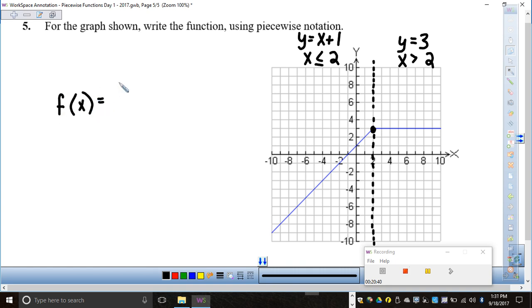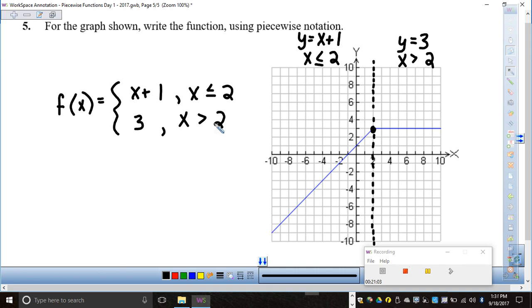So we have f of x equals, we're going to do our brackets here, and we're just going to write x plus 1. We don't need to write the y equals part, so just x plus 1. Put a comma. That is for x values that are less than or equal to 2. And then for the other side, we'll just say f of x equals 3 when x values are greater than 2.